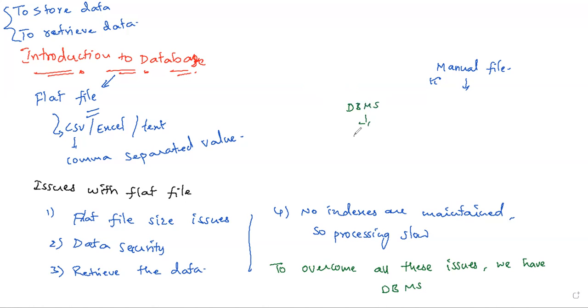DBMS, database management system. What is a database management system? What is data? What is a database? All that we will discuss. Next, we will discuss what are the different databases we have.